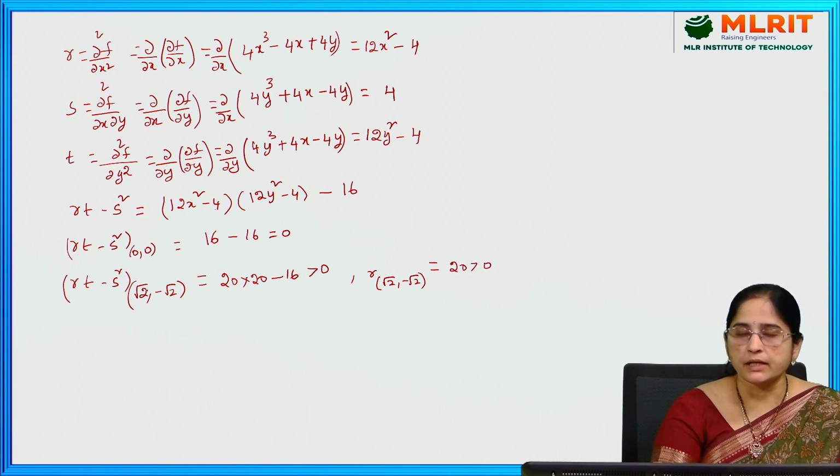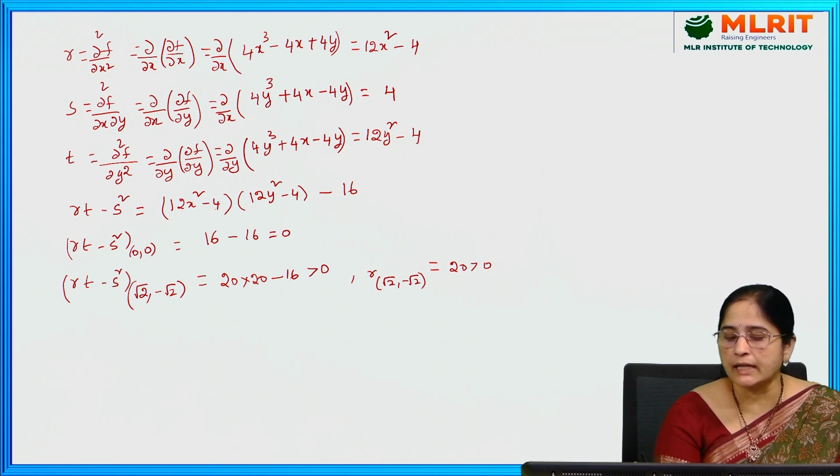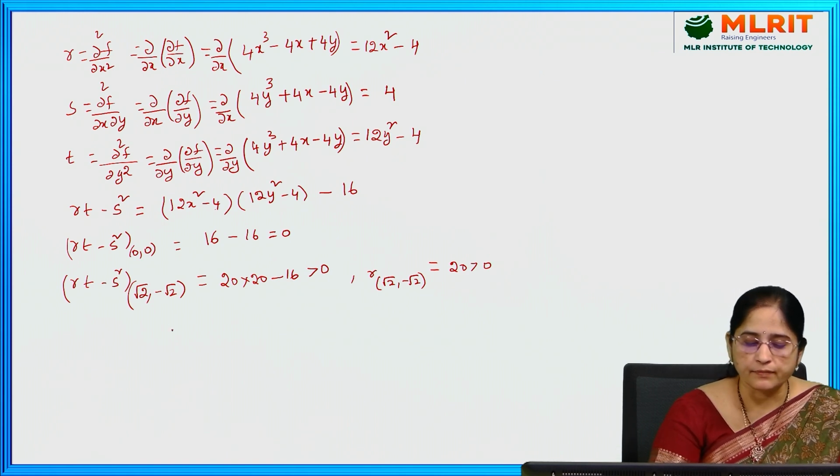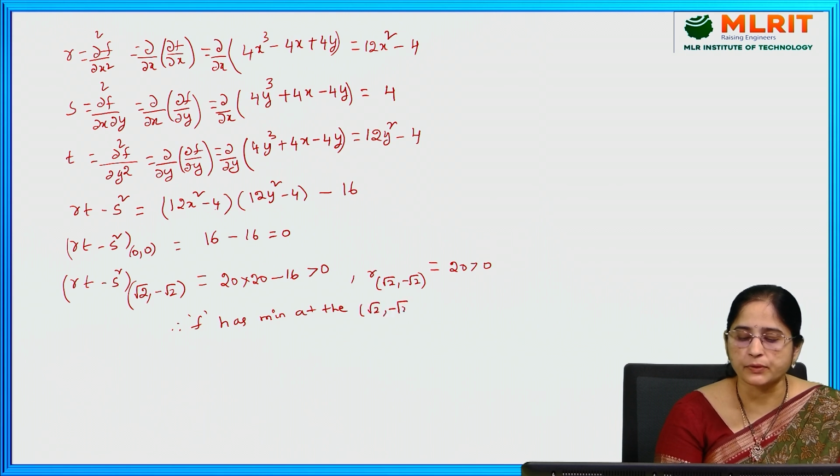Therefore, rt minus s square is greater than 0 and r is greater than 0. Therefore, f has a minimum at the point root 2 comma minus root 2.